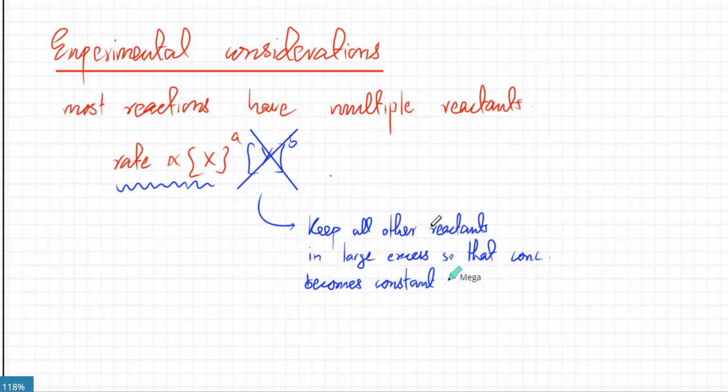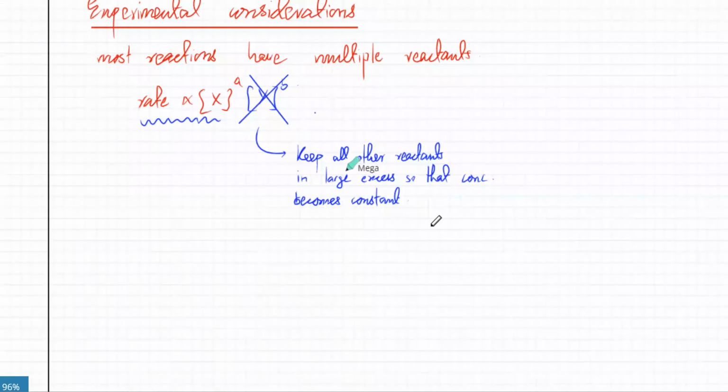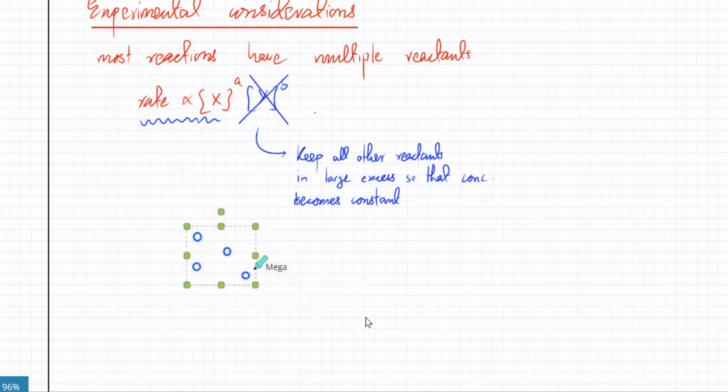Okay, so that the concentration becomes constant. What I mean by that is, you had your reactants, you had X and you had Y. Let me add a few more X particles.